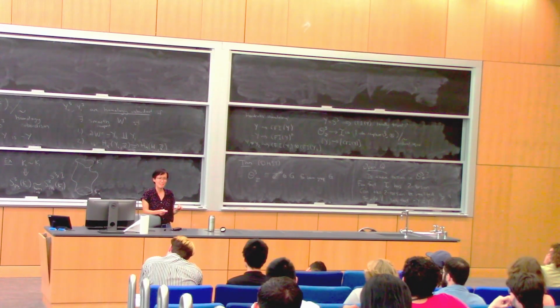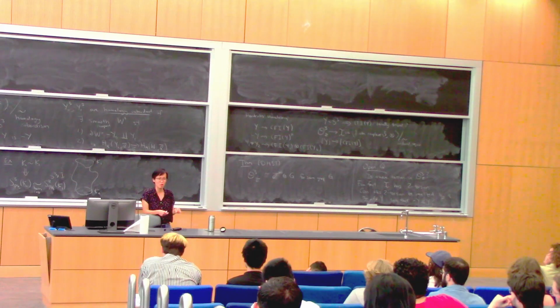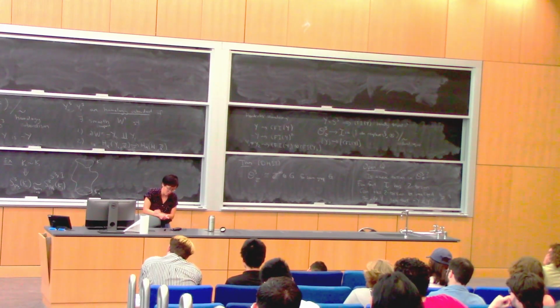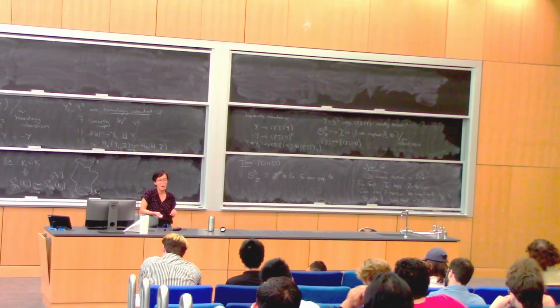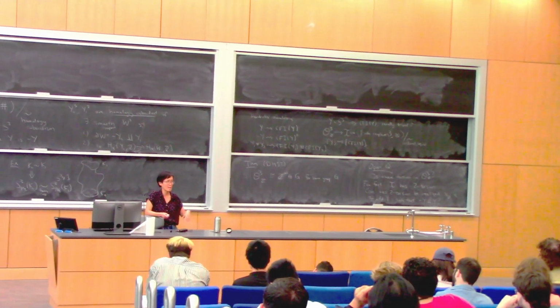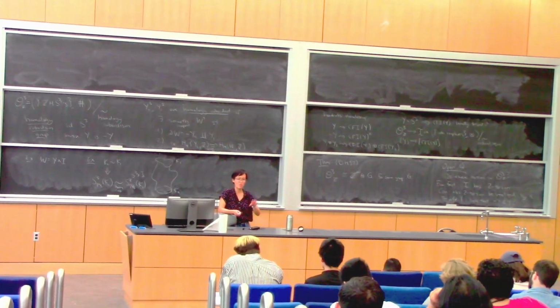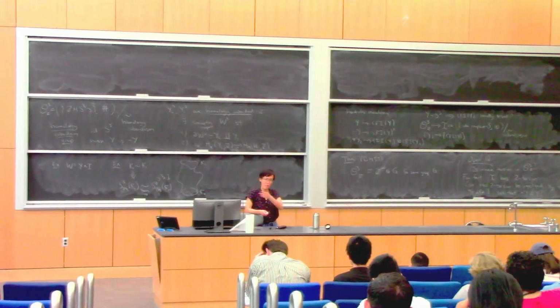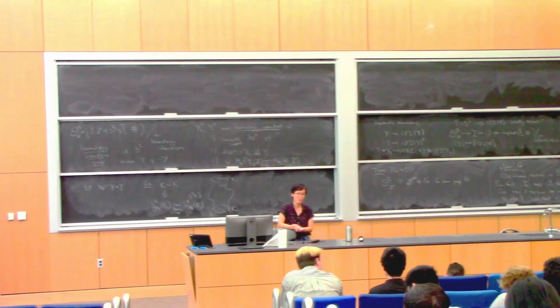The problem is that surgery on a connected sum is not the connected sum of surgeries. I described one way to go from knots to three-manifolds, by surgery. Another way is by taking a branch cover. If you do that recipe for going from a knot to a three-manifold, then you actually do get a homomorphism.